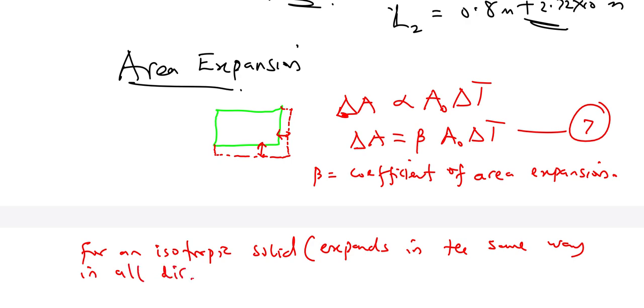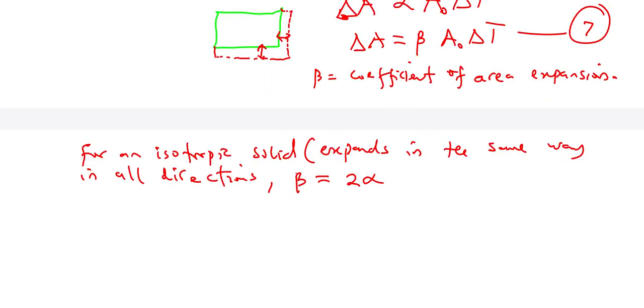So when we have an isotropic solid, the coefficient of area expansion beta is approximately twice the coefficient of linear expansion. So beta is approximately 2 alpha for an isotropic solid.